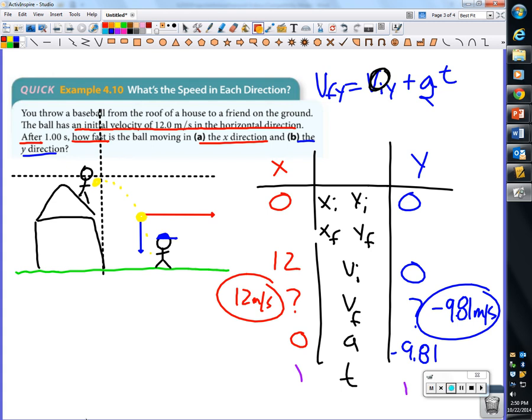All right? Luke sees where this is going. Anybody else see where this is going? Well, you've got a vector that's horizontal, and you've got a vector that's vertical, and we have to find the combined result of both of them together. What are you going to do? Say again? Don't say it.